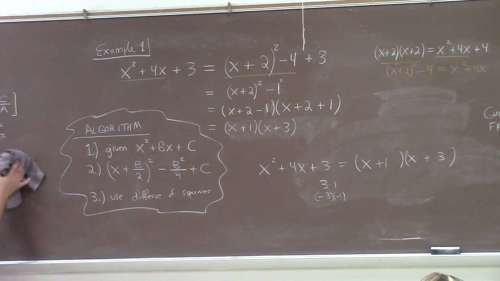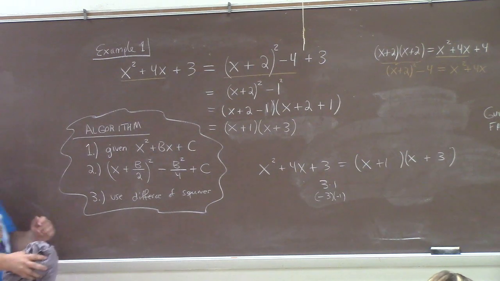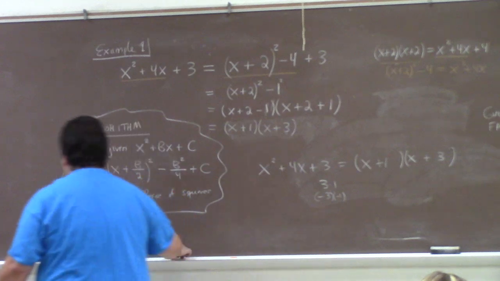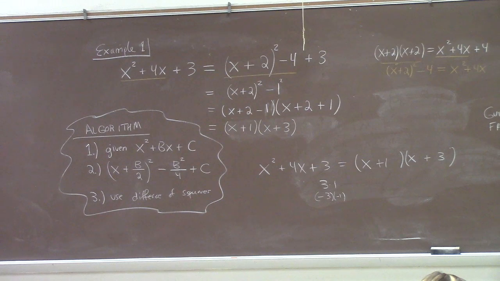That's a good check. With x minus 1 and x minus 3, which is going to be positive 3 at the end, we have to make sure it's negative 4 in the middle. So whatever you multiply, it has to add up with the same sign to be in the middle.